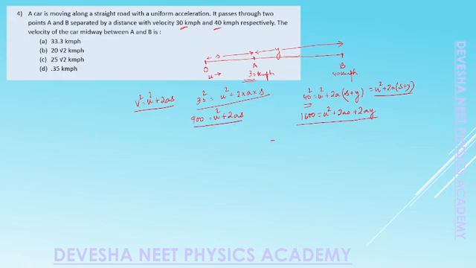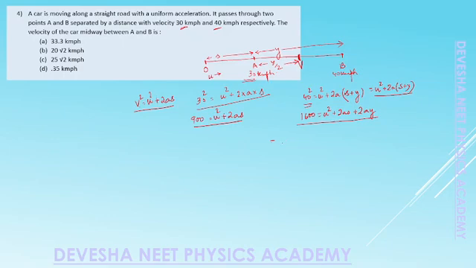So what do we need to find out here? We need to find the velocity somewhere in the middle, when the distance is y by 2. That's what we need to find out here. Imagine the velocity at this point is equal to v.